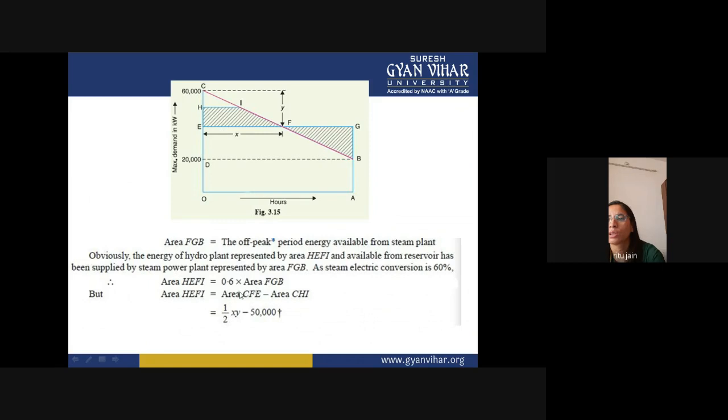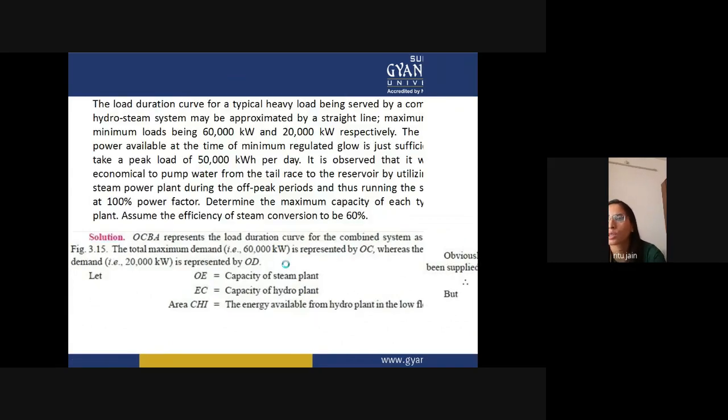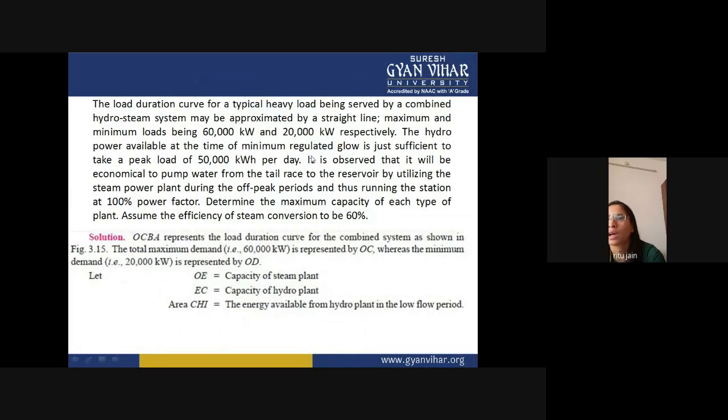So the area CFE can be calculated as 1 by 2 into x into y, horizontal into perpendicular, because it is a triangle, and area CHI is subtracted, and the area CHI is already given: the hydropower available at the time of minimum regulated flow is just sufficient to take a peak load of 50,000 kilowatt hour per day. So this is your low flow period.